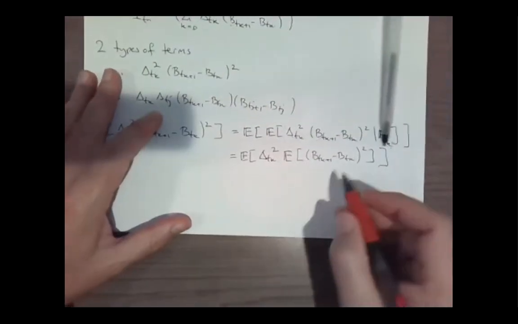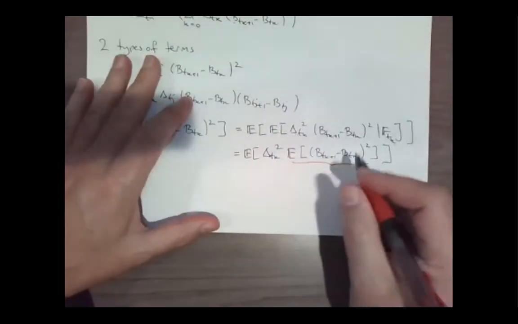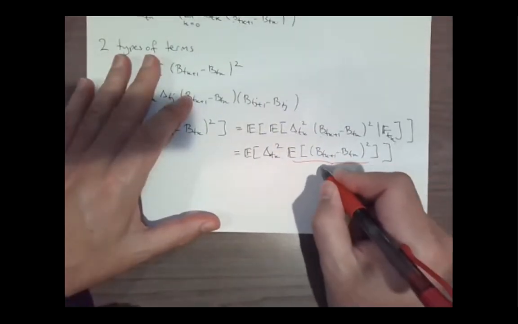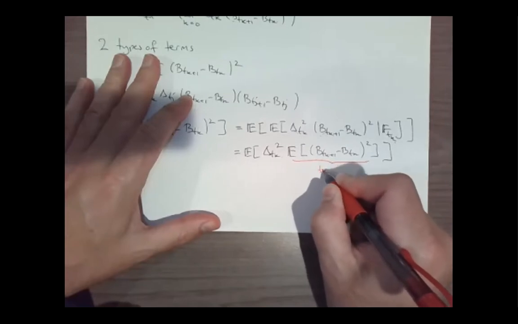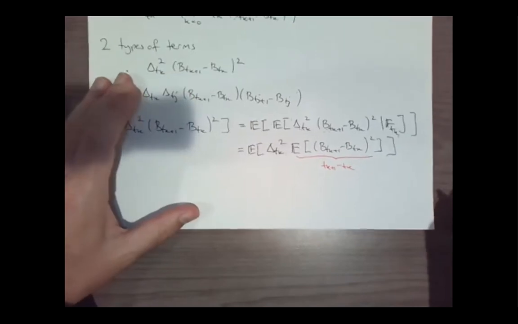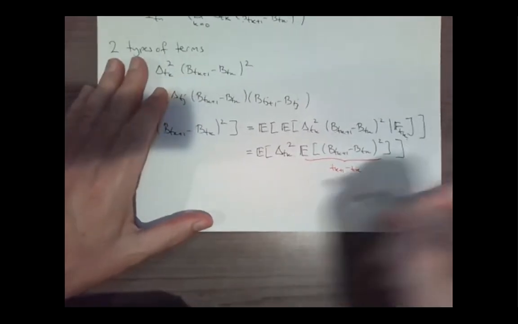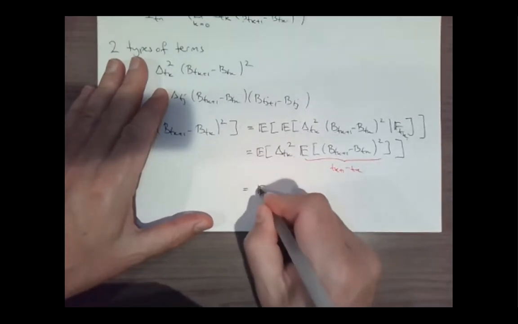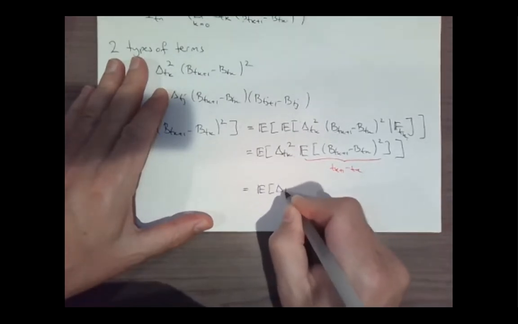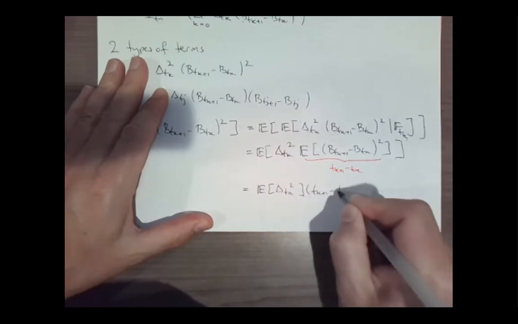So now there's a square, and what does the unit guy become? The variance, which is equal to t_{k+1} minus t_k. Right, so I combine everything, I get that this is the expectation of delta_{t_k} squared times t_{k+1} minus t_k.